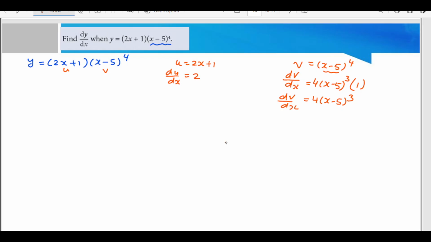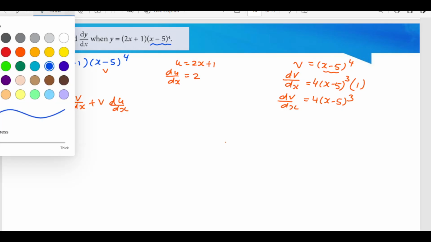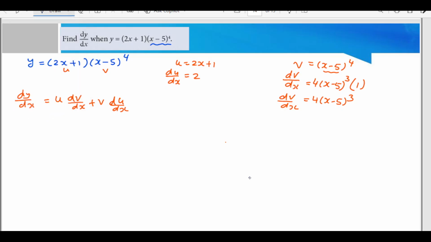Now we will use the product rule. As you know, the product rule is dy/dx = u dv/dx + v du/dx. So now we will substitute the values that we have already found.